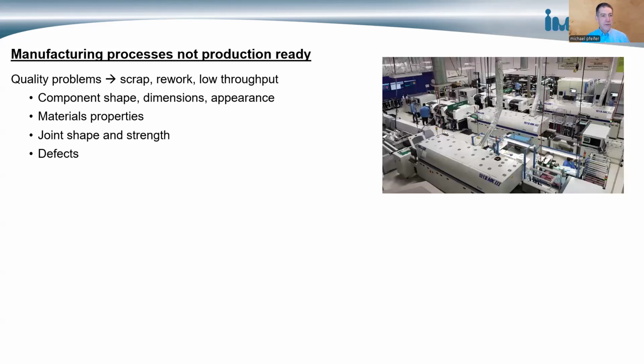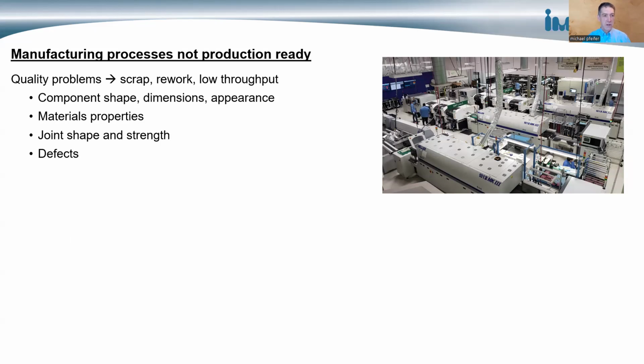The final reason for delayed products is manufacturing processes that are not production ready. You have quality problems, there's scrap and rework and low throughput. And this could be because of problems with component shape and dimensions and appearance, or problems with an assembly that's being produced. Material properties aren't what they need to be.